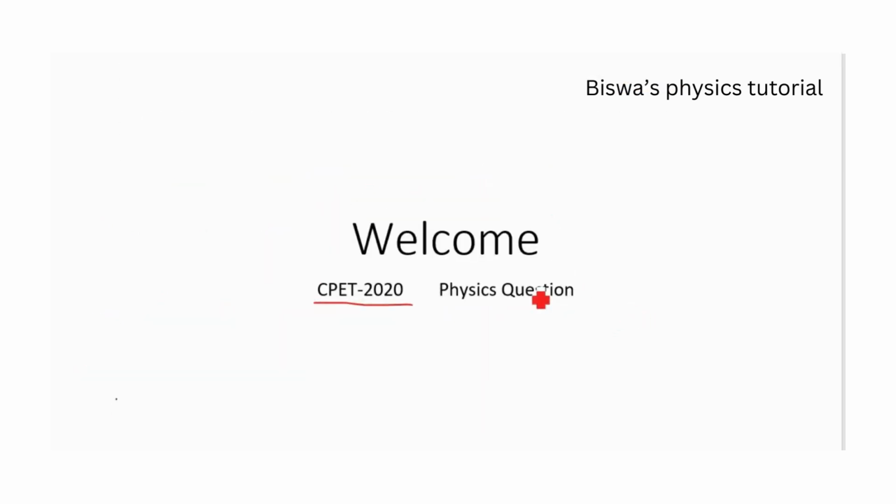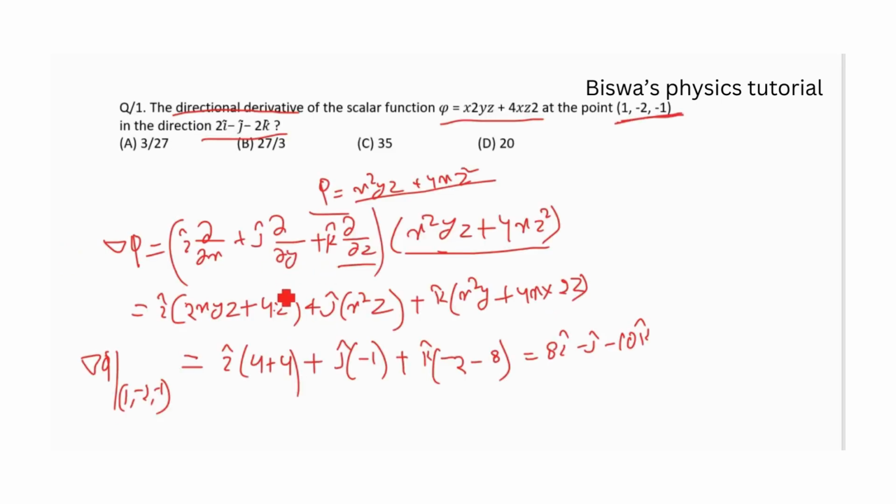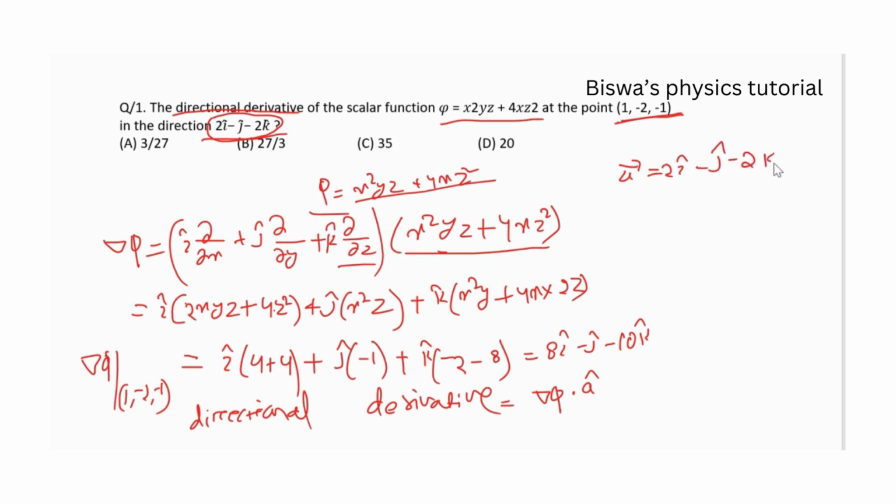Now we have to find the directional derivative. The formula is grad phi dot product with a cap. The vector a is the direction vector, given as 2 i cap minus j cap minus 2 k cap.